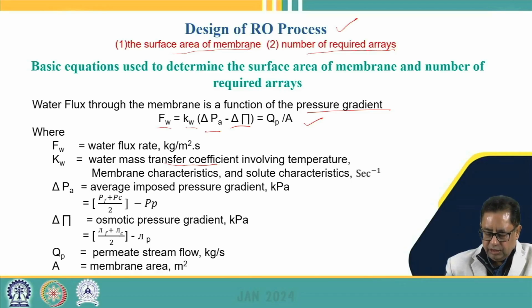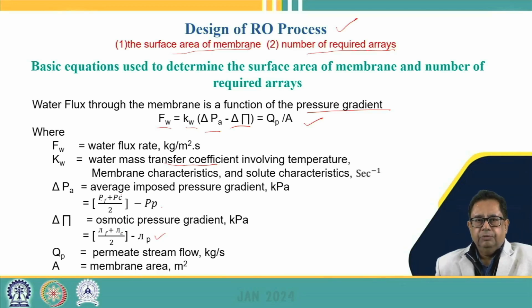And the average imposed pressure gradient is equal to the pressure of the feed plus pressure of the concentrate divided by 2, minus the pressure of the permeate, right. Similarly, the osmotic pressure gradient is defined as the osmotic pressure of the feed plus the osmotic pressure of the concentrate divided by 2, minus the osmotic pressure of the permeate.